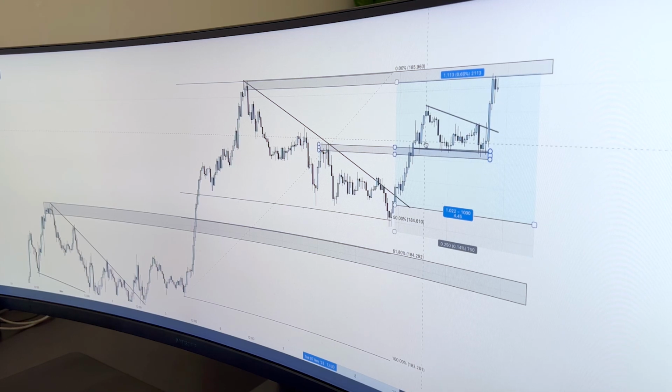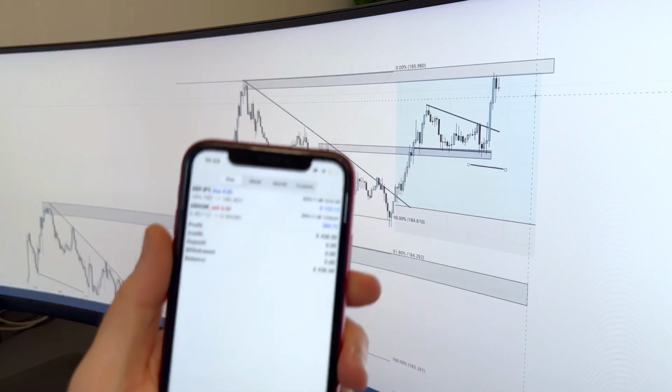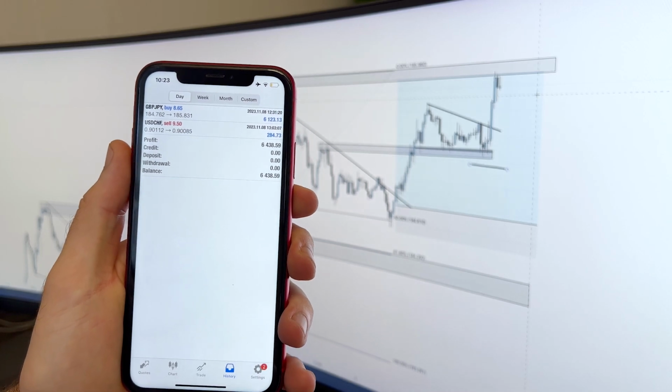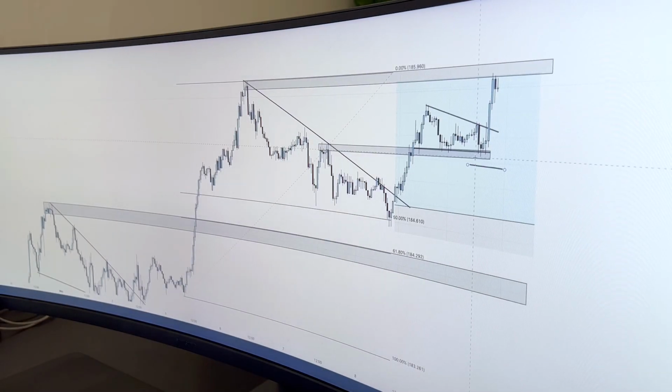But obviously this happened overnight and yesterday evening when we were off the charts, so there's no time to enter another position, but stops were trailed to below here. Let me just highlight it, below this level after we made that push. But as you can see, we've reached our take profit level, and I'll show you now the position. So that's GBPJPY, nice trade on that.